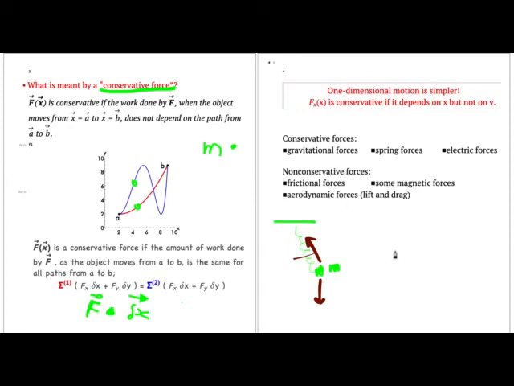Now, suppose we just consider motion along a line, like a line on the floor and some mass moving along that floor. So the mass is moving this way. So there's the velocity vector. This is the mass.